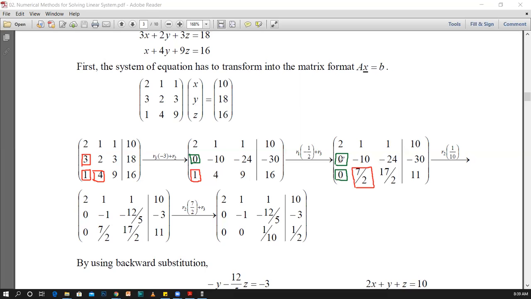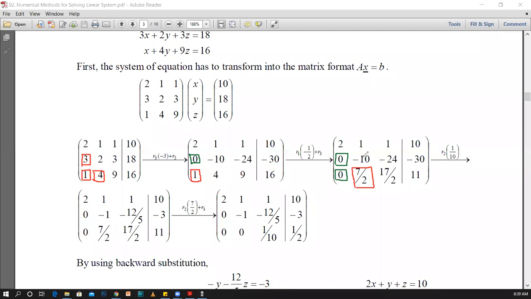Therefore, in a situation like this, once you have converted this value into 0, you use the second row to make this place 0 in the third row. But prior to that calculation, I will try to make this place -1, that is, convert it into 1.